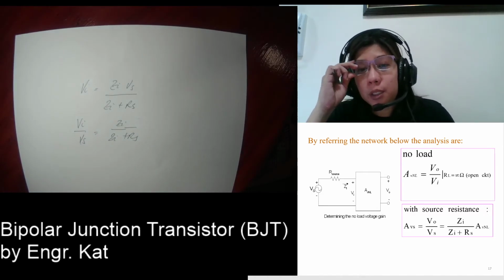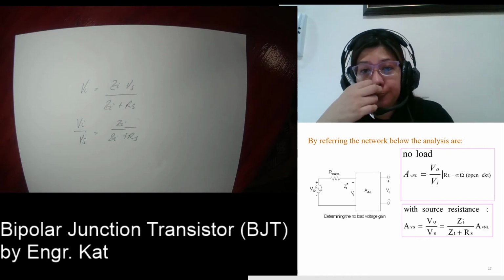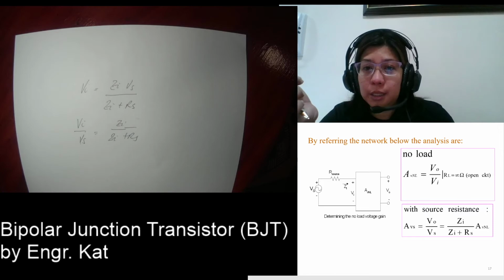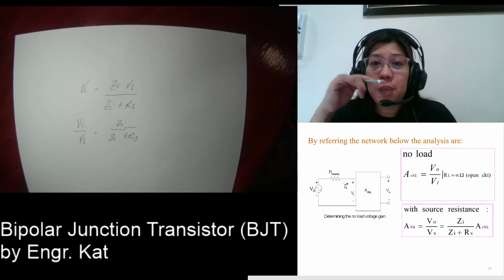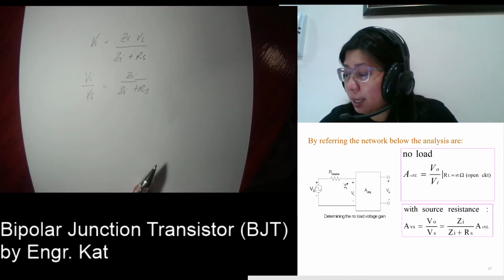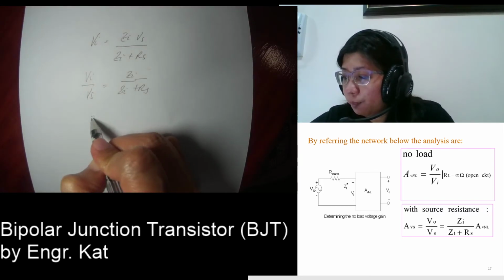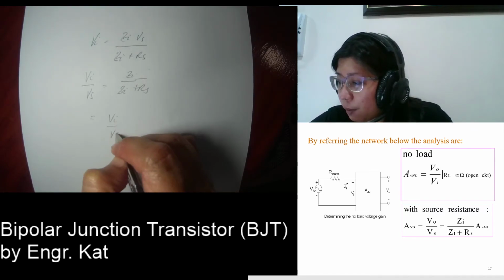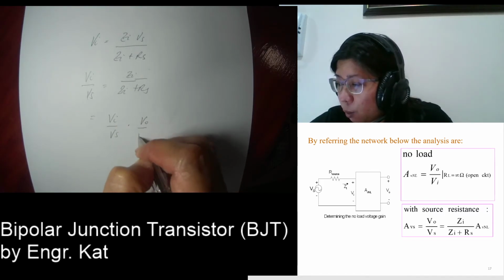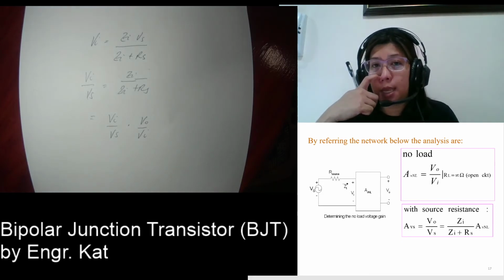So with source resistance now, that is from VO to VS. To get your gain there, that will give you, class, VI over VS multiplied by VO over VI.